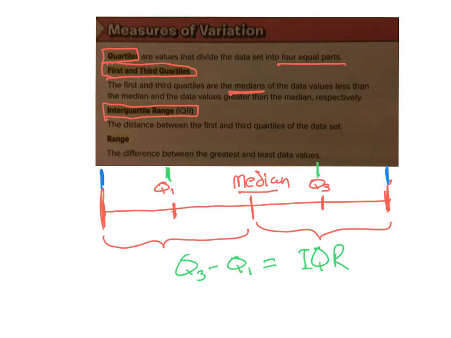All right. So that's kind of the main things with measures of variation. You got the range of the whole thing, you split it in half, then you split each half in halves, and then you take the 2 medians in the middles, subtract those for your interquartile range. Little review.